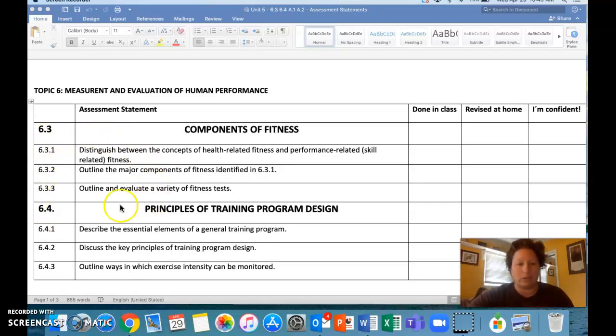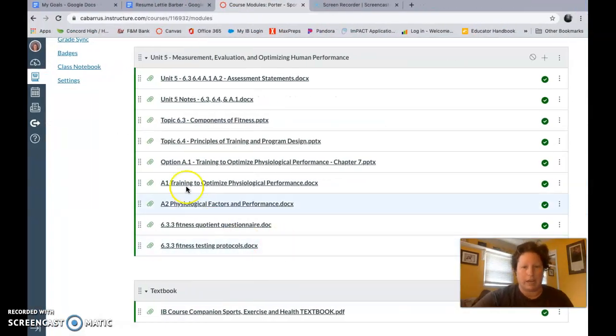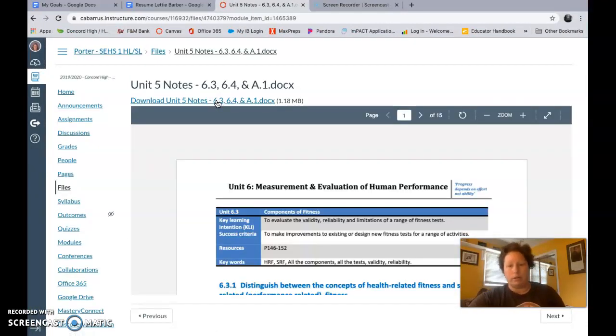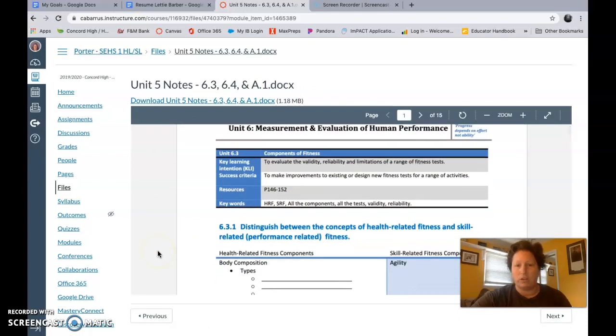With 6.3, the first thing we have to do is understand health-related fitness and performance-related fitness. In your notes, you will see in Canvas, right here under your unit notes, if you have a printer, it would be great to print this out and fill them in. If not, you can do it in a Word document, in Microsoft Word or Google Doc.